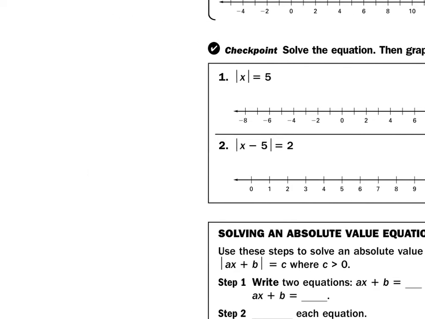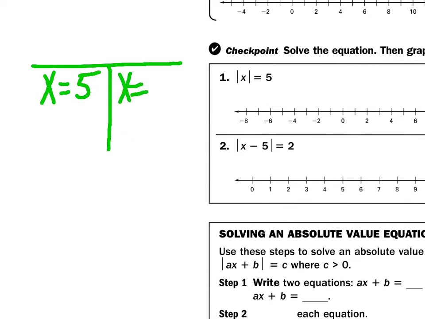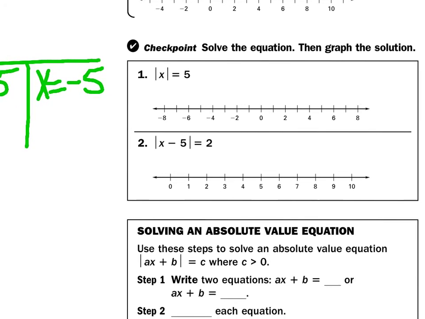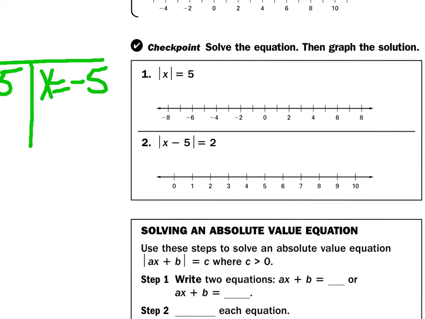It's a real simple thing, but I'm going to go ahead and show you how I do it. I'm going to put it in my T-chart to say x either equals positive 5 or x equals, I'm going to put the negative on it, negative 5. So if I was going to graph this, people usually don't graph these, but this would be how you would graph it.